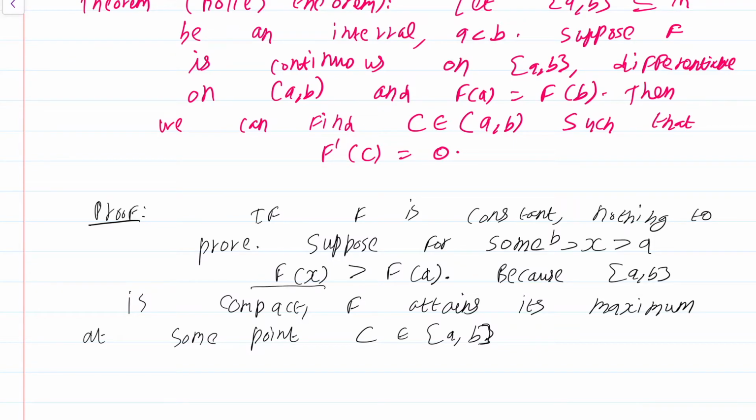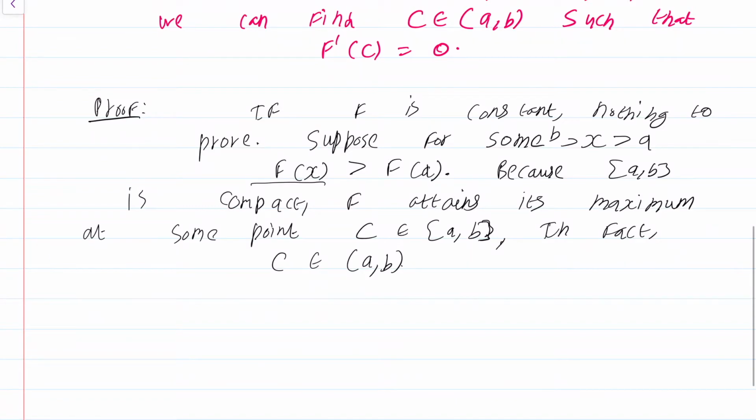So in fact c must belong to the open interval (a, b). There must be a point c in the open interval on which the maximum is assumed. Here I'm using the fact that continuous functions on compact sets attain their maxima and minima. I'm just going to use the maximum. Then f prime of c is 0 by the previous lemma.